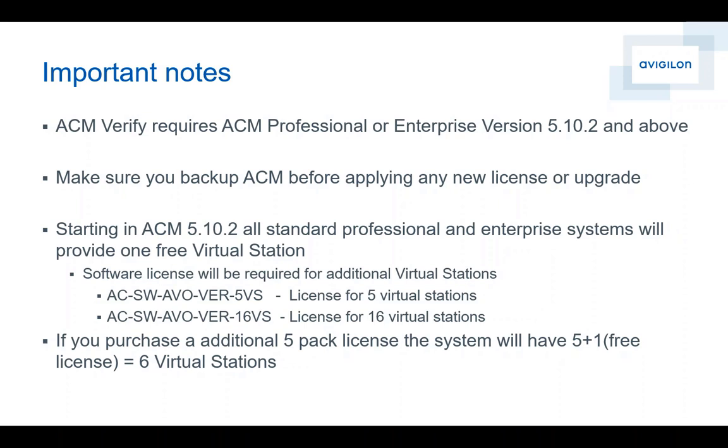Starting in version 5.10.2, all standard, professional, and enterprise systems will have one free virtual station. So all systems will come with that. If you're running an earlier version, you would just have to upgrade to version 5.10.2 or above, and then your system will automatically have one free virtual station.